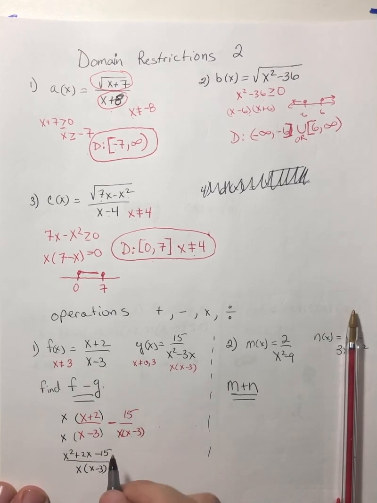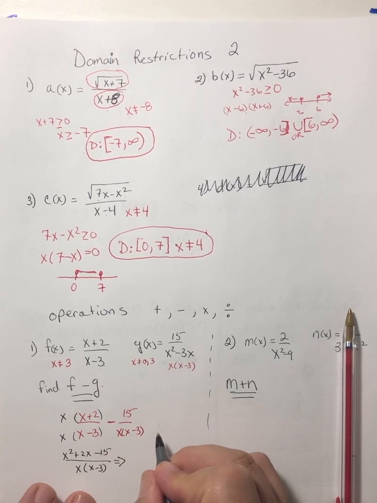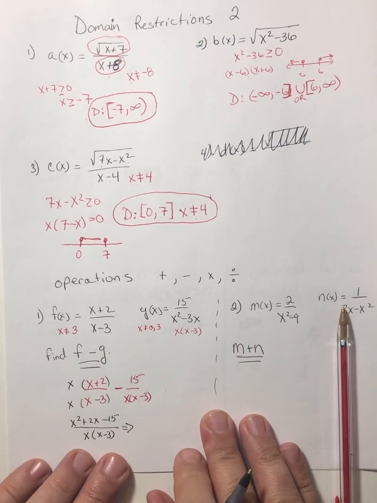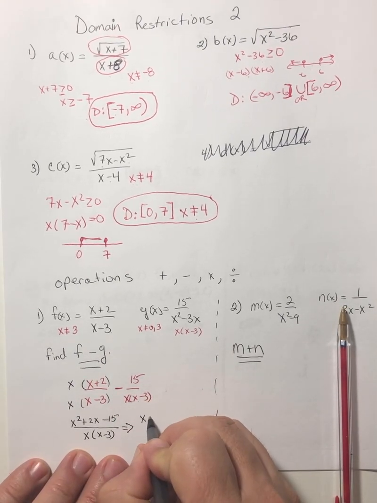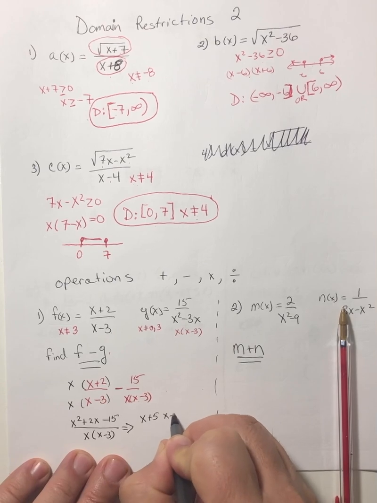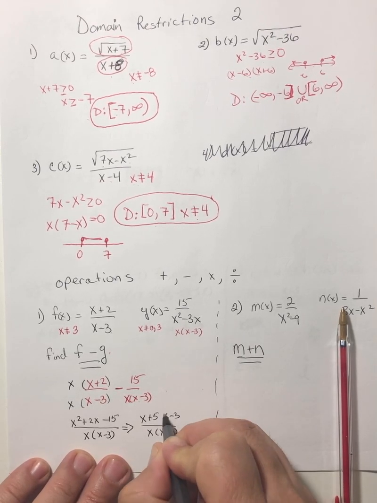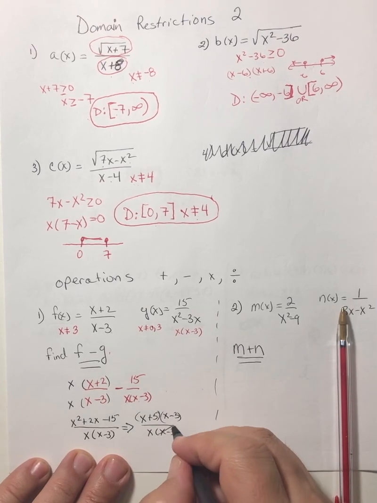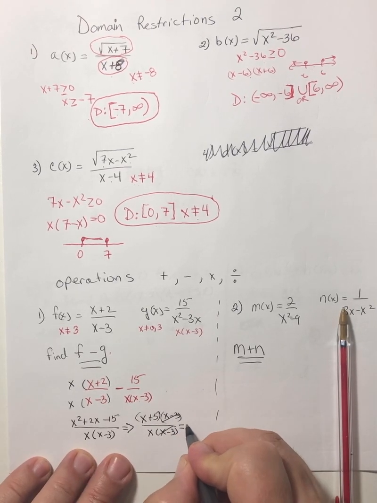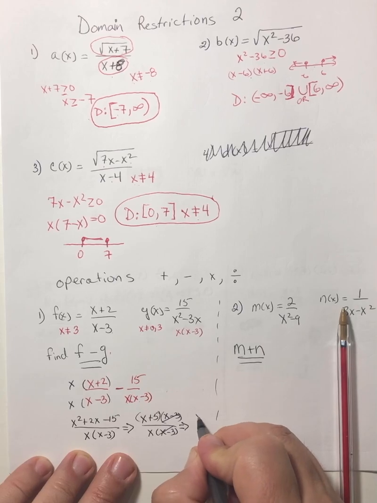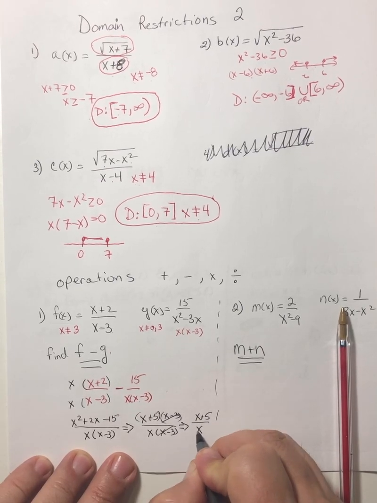So I can factor this. So I have x plus 5, x minus 3 over x parentheses x minus 3. And now I can cancel. So we have a final of x plus 5 over x.